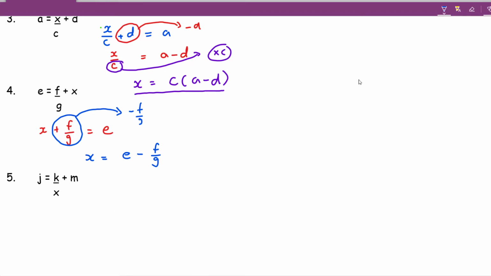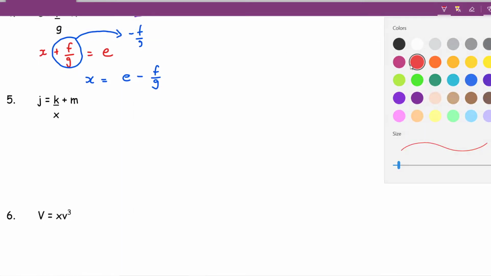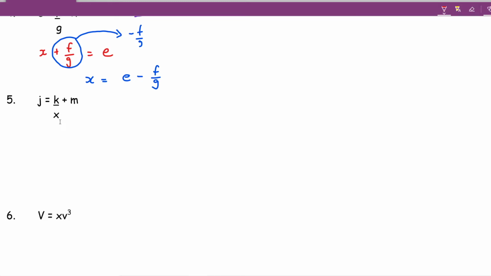Okay. Question 5. Now this one's a bit tricky. What we could do here is first of all start by taking the m to the other side. So you get j minus m, which is going to give me k over x.